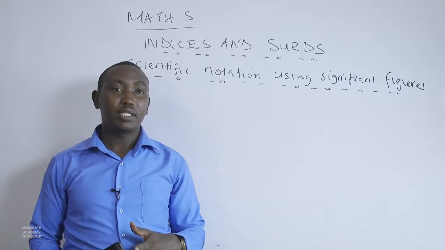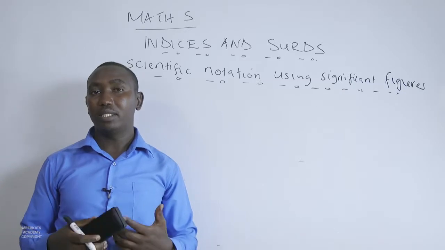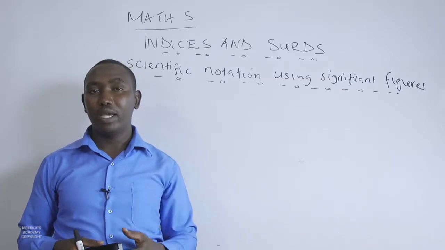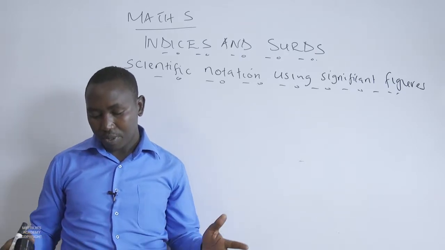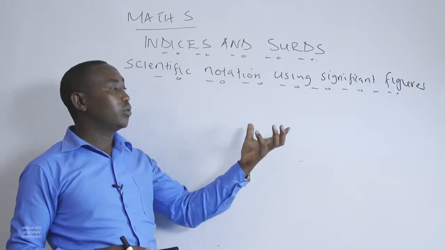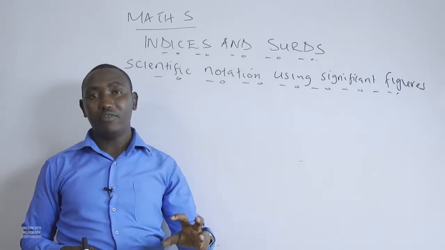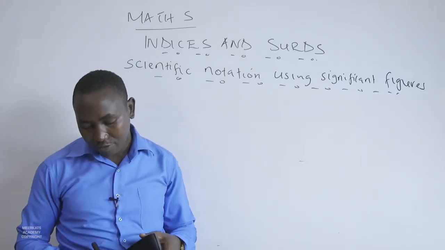So we are continuing to say that sometimes those particular numbers, even after you have written them in standard or scientific notation, you might still find that they are very large. So in certain cases, we might be asked to rewrite them to a given number of significant figures.